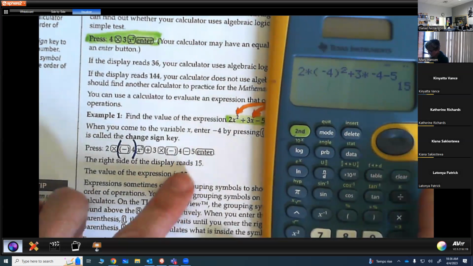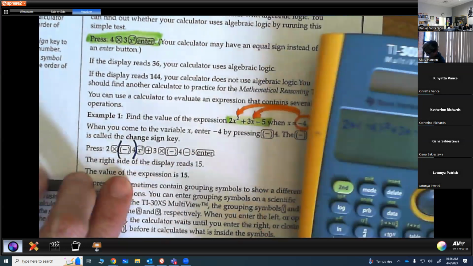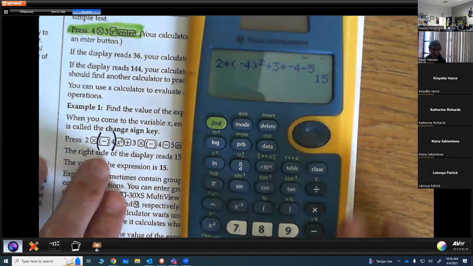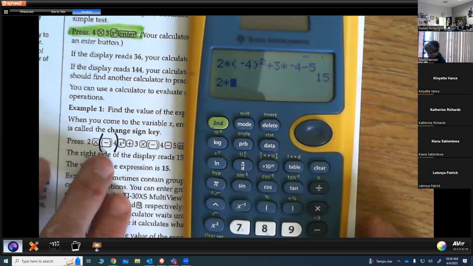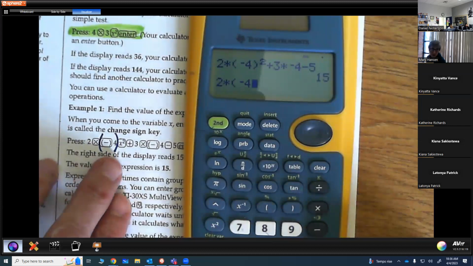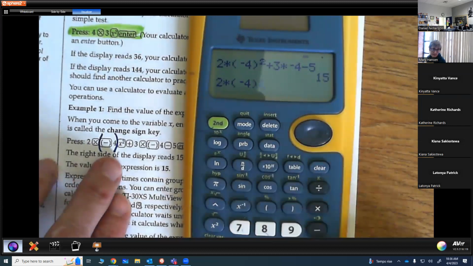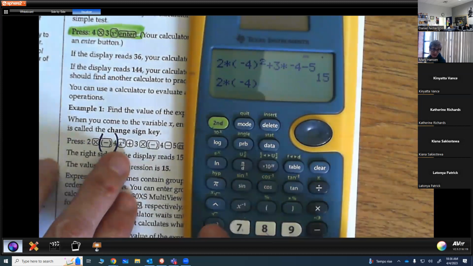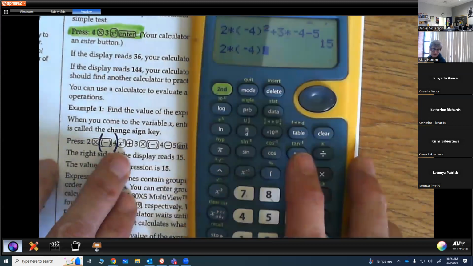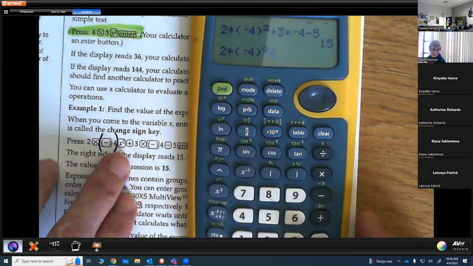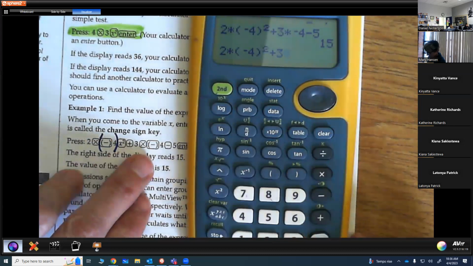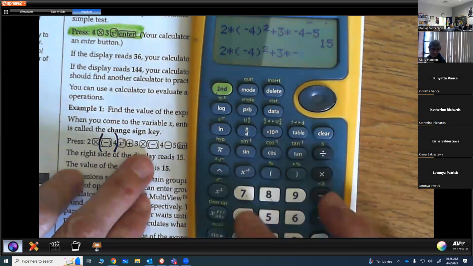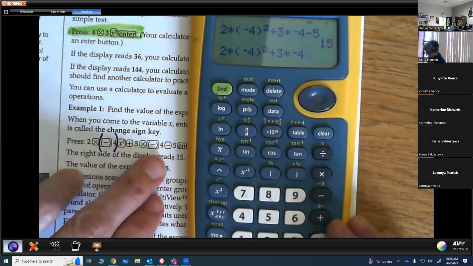Okay, so if you didn't get 15, we'll do it again. We're going to take 2 multiplication, open parentheses, -4, close the parentheses, hit the x squared key, which is to the left of the 7, plus 3 times -4 minus 5.